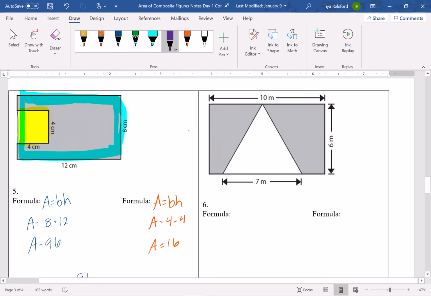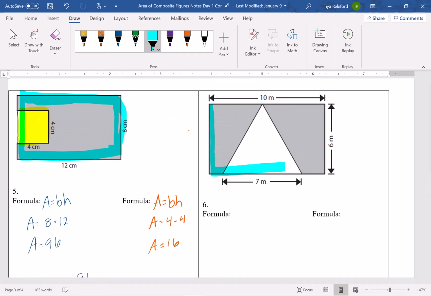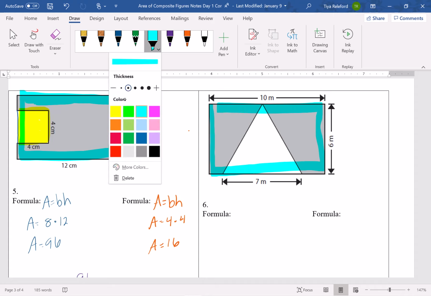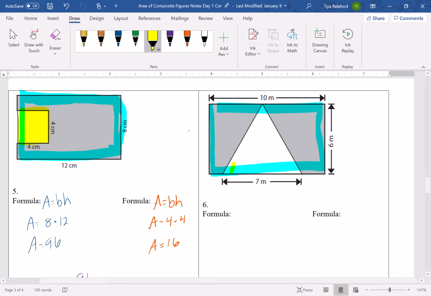So same kind of thing is going to go for this shape here. You've got one great big rectangle, and inside of that you have a triangle that you're going to subtract.